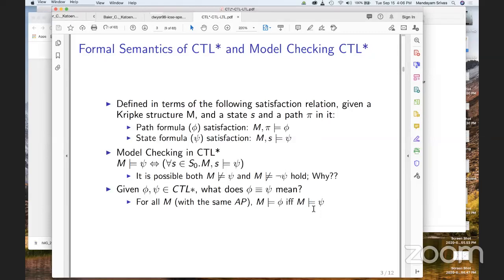This is the classical notion of equivalence, even in classical logic. So this is what we formally mean.